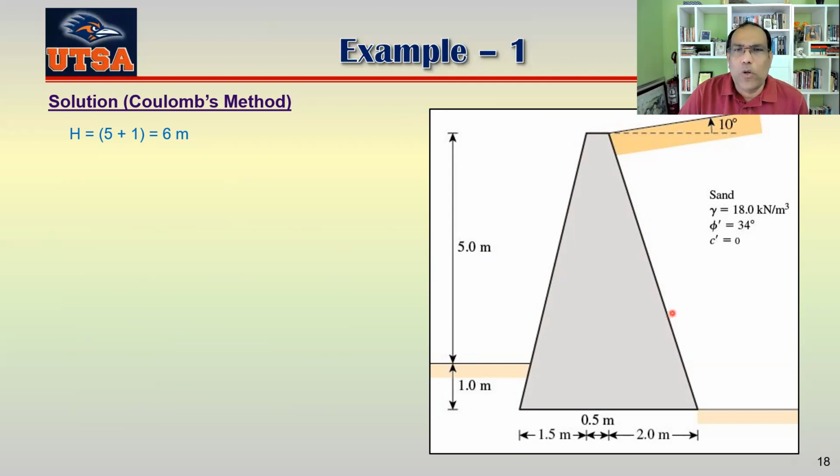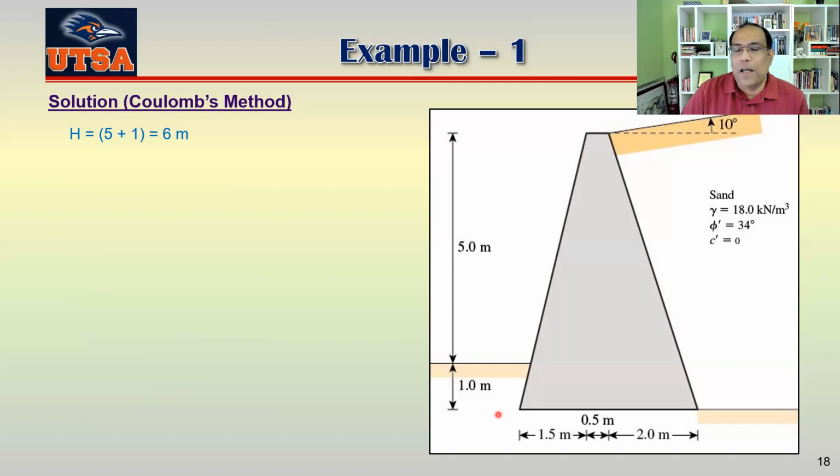You can also remember that Coulomb's method is only applicable for granular soil, so your c has to be 0 all the time for the backfill soil here. But the soil here may not be sandy soil or granular soil. Here, the soil could definitely be the actual soil, like the foundation soil.